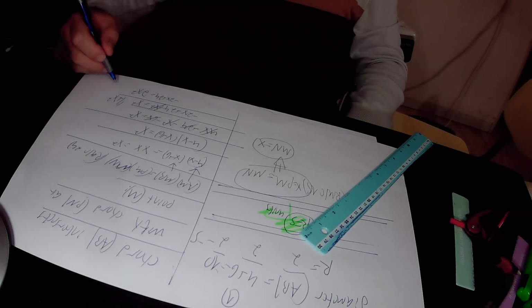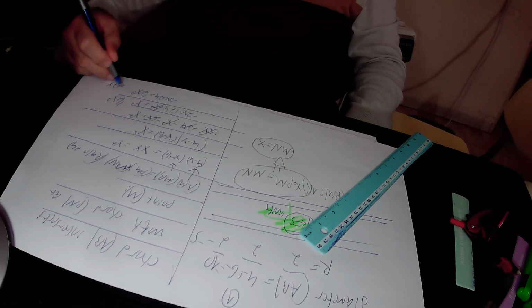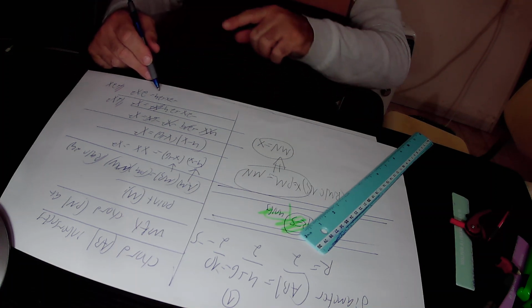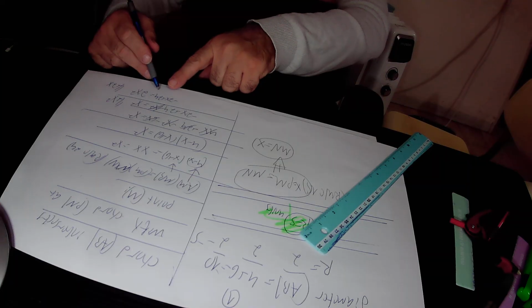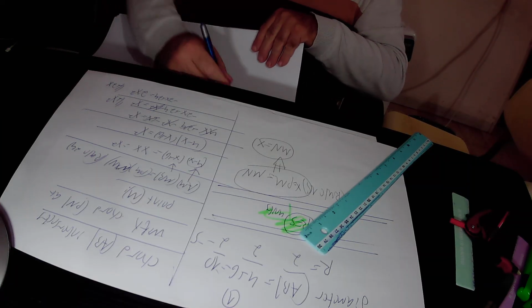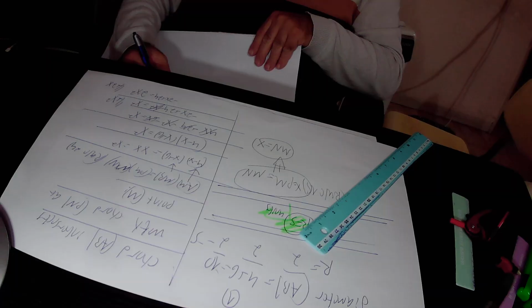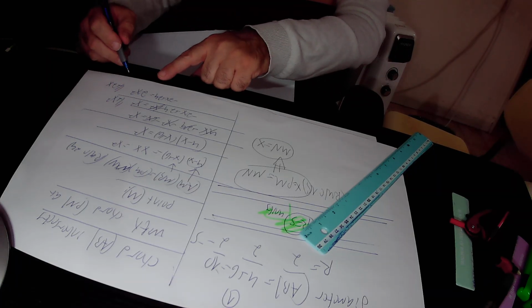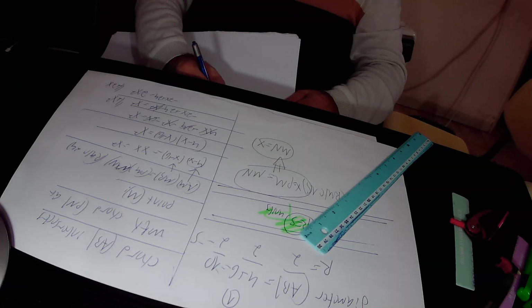Here we will add 2x to this equation and find out that 2x minus 2x is 0, so on this side of the equation we are left with only 24 equals 2x squared plus 2x.